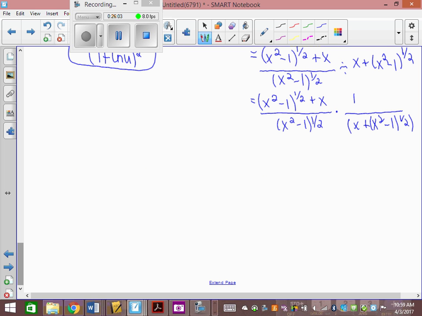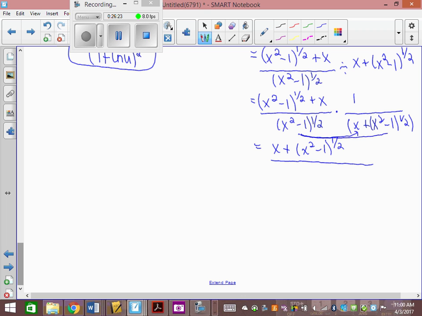On the top, we're just left with x plus x squared minus 1 to the half. And on the bottom, I'm going to distribute. The reason why I want to distribute is because both of them have an x squared minus 1 to the half, and when I put them together, they're going to make an x squared minus 1 to the 1.